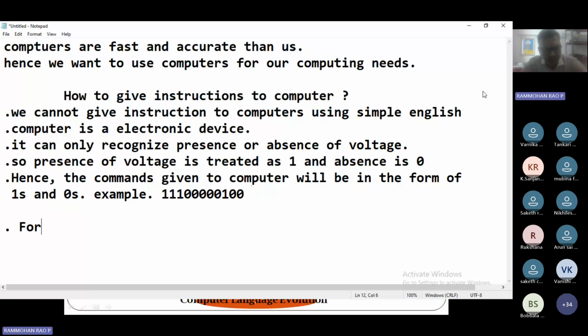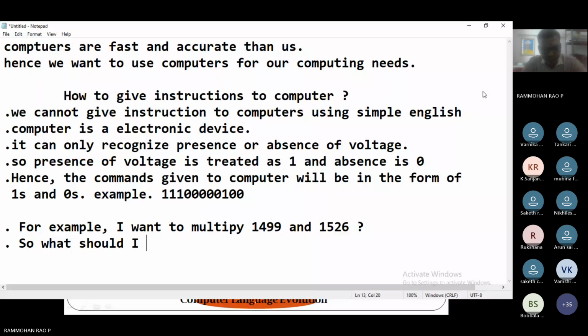Now, for example, I want to multiply 1499 and 1526. So what should I do? In order to take the help of the computer to solve my problem, I should give a command or instruction to the computer.